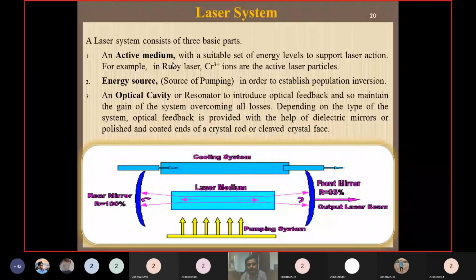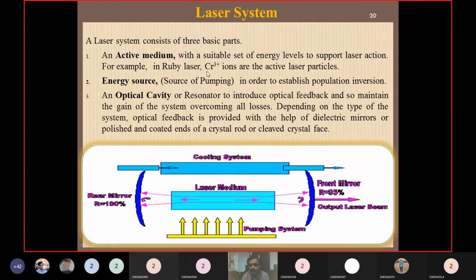The first is the active medium. What is the active medium? A medium with a suitable set of energy levels to support the laser action. Suppose we take the ruby laser: aluminum and chromium, Al2O3 alumina and chromium, both will be there. In that, the active medium is the chromium 3 plus ions, because the Cr3+ energy levels support the laser action.